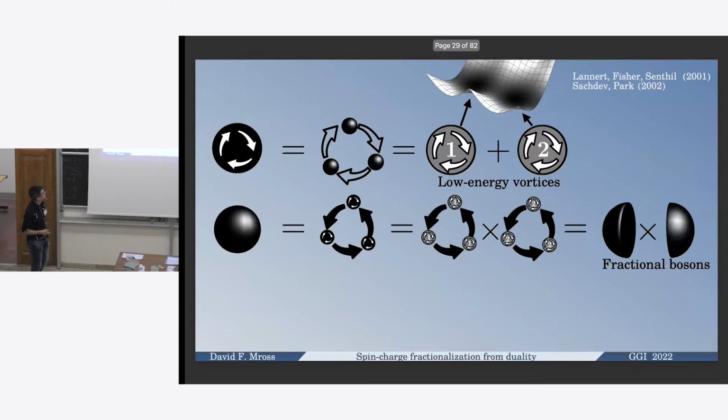Or in other words, the boson which I started with has now been split into two fractional guys, right? The vortex in vortex 1, the topological defect within this species of vortices, is kind of half a boson, and the defect in the other is the second half of the boson. And together they form the physical boson which I started with.